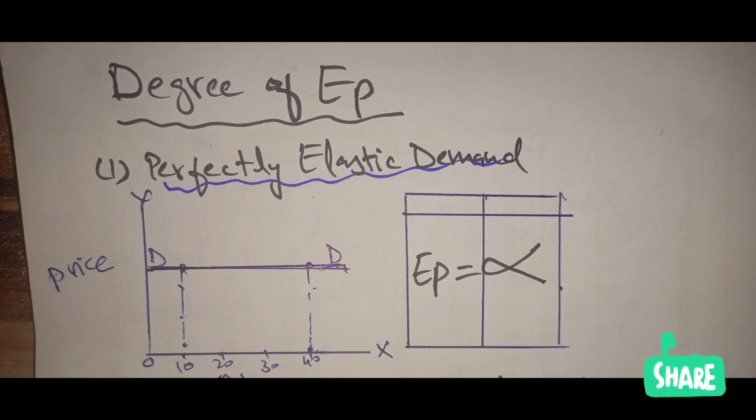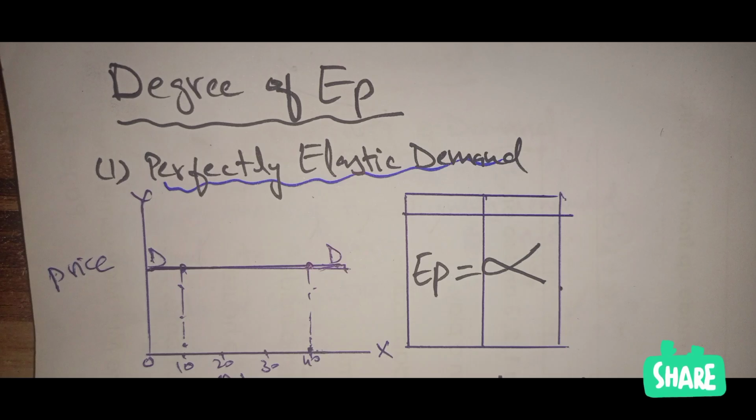The economists therefore group various degrees of elasticity of demand into 5 categories. Number 1, infinitely elastic. Number 2, perfectly inelastic. Number 3, unitary elastic. Number 4, relatively elastic. And number 5, relatively inelastic demand.